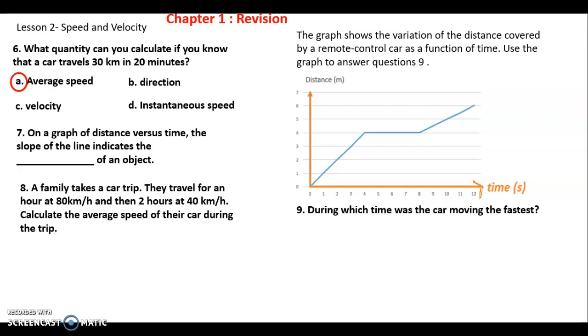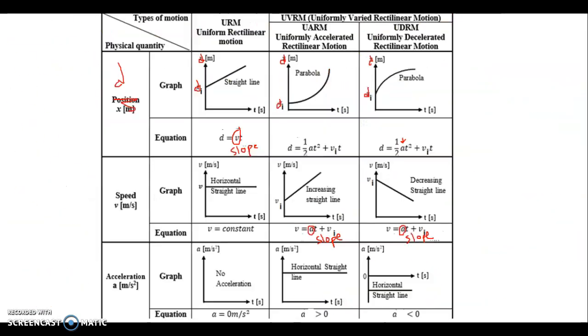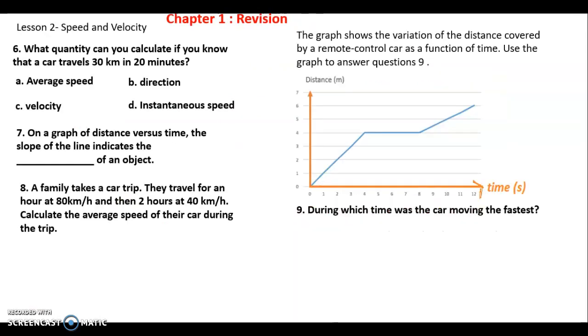On a graph of distance versus time, the slope of the line indicates that of an object. So, as I mentioned here before, on a straight line of distance versus time, what does the slope represent? The slope represents the average speed of an object. A family takes a car trip.